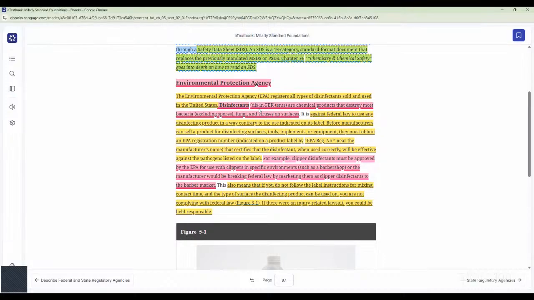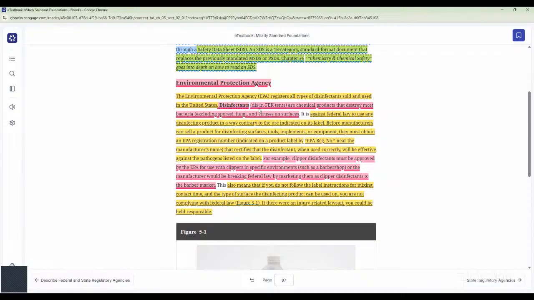If the product does not have an EPA registered number, if it has not been registered with the EPA, you really should not be using it because you don't know what those chemicals would do. You don't know if they're harmful to you or not, okay? They should actually not be sold in stores either if it does not have an EPA number, okay?